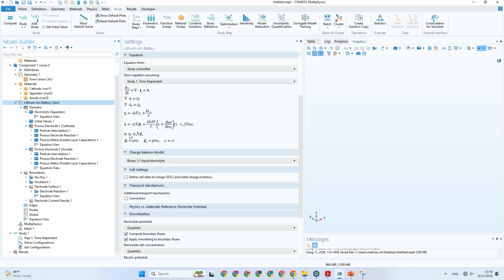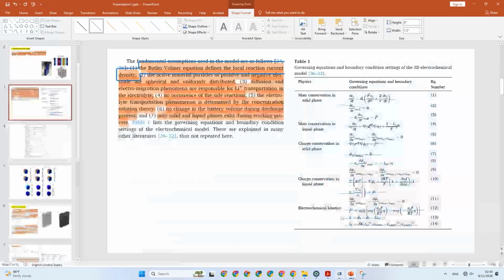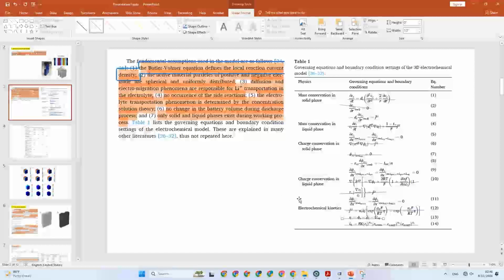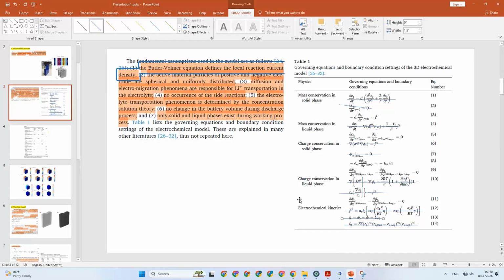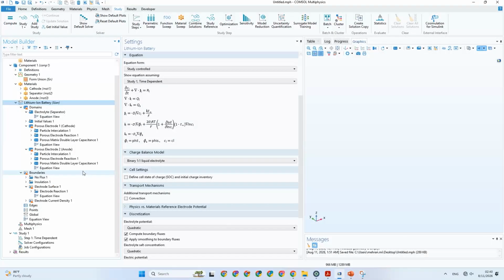Okay, I can continue. Here there are many equations. Here I choose a liquid electrolyte.